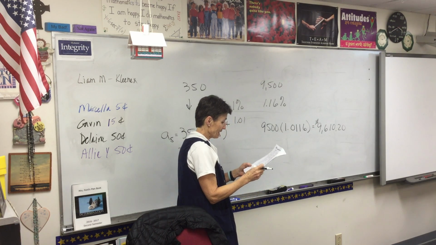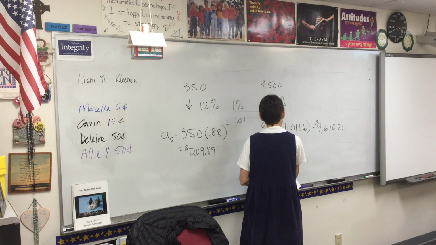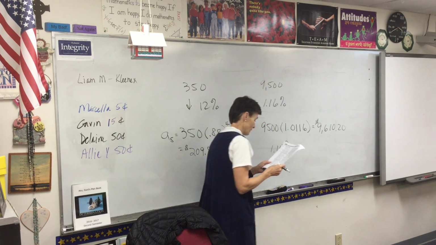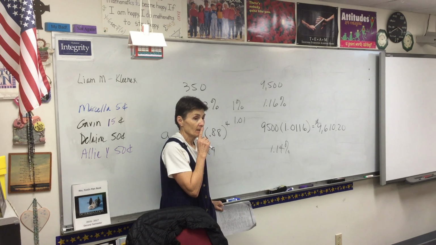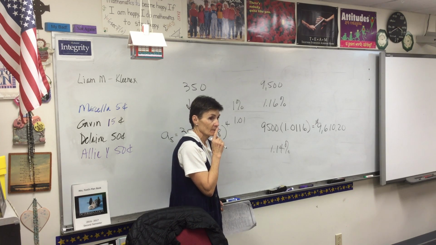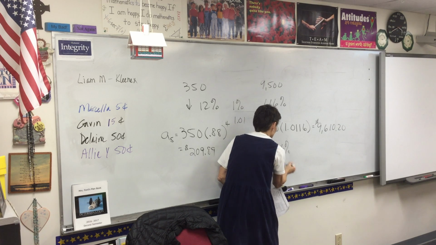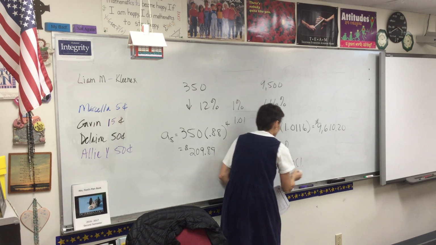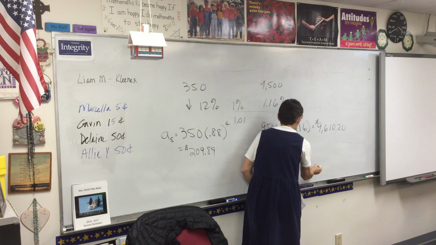All right. The following year, the rate of inflation was 1.14%. So what did it cost that year? Now what am I going to do? I'm going to take that answer and multiply it by what? 1.0114.